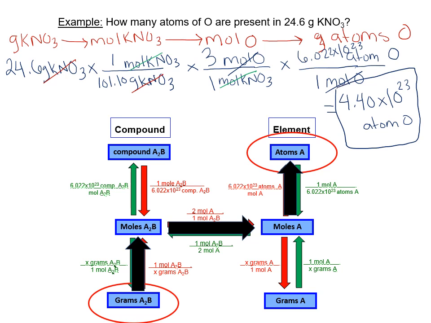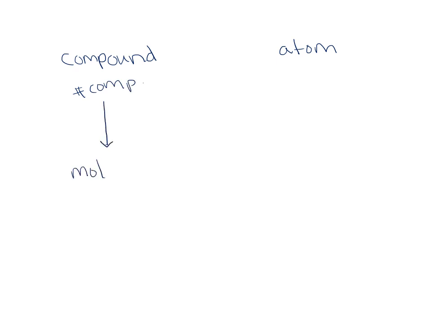Okay, so just a quick recap of what we learned so far. The most important thing to solve these problems is to come up with the roadmap. What we learned about the roadmap is that we do compound, right, atom, and for the compound, we can start off at the number of compounds. We can convert that to moles of the compound, and we can convert that to grams of compound, right?